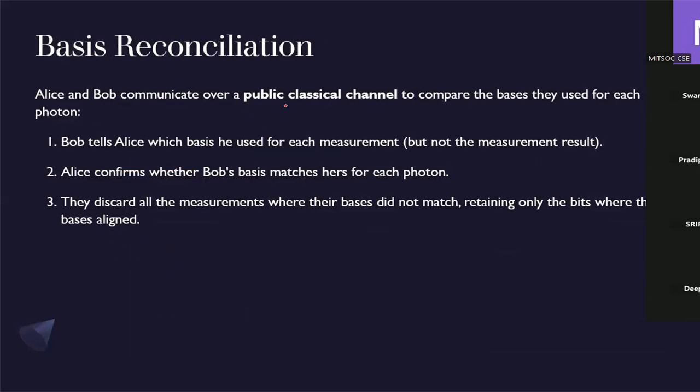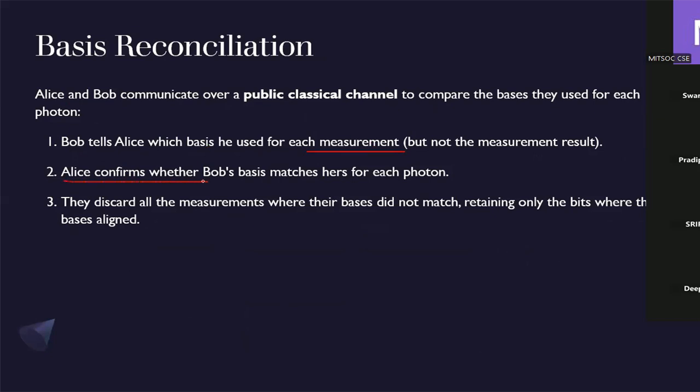So here, Alice and Bob have to communicate over the public classical channel to compare the polarization basis. Bob tells Alice which basis he used for each measurement, what polarization basis he has used.